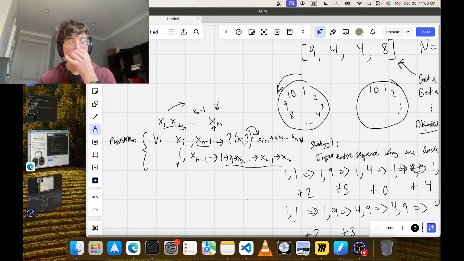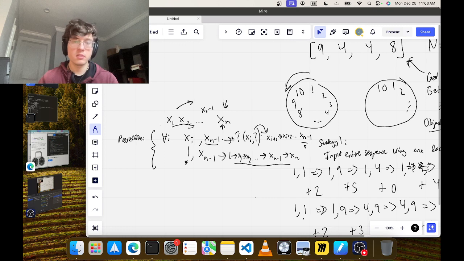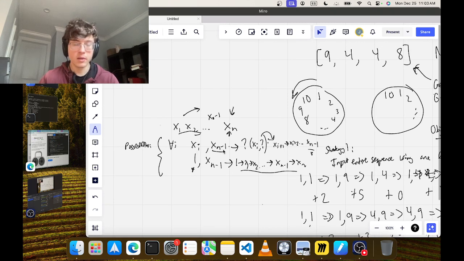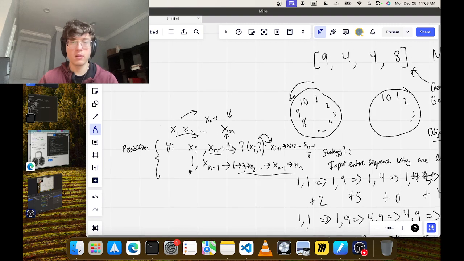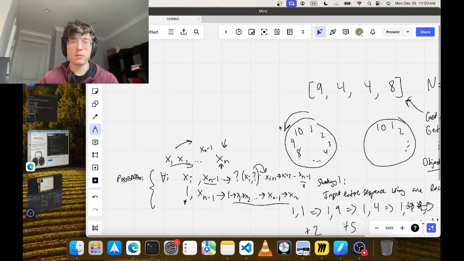In order to maintain an invariant, the question is, let's say we got to this point, xi, xn minus 1. Which one do we move then? Do we move the xi to xn, or the xn minus 1 to xn? So there are two possibilities: do we move the lock that was just at the previous number, or the lock we have been saving up all this time? Makes sense?